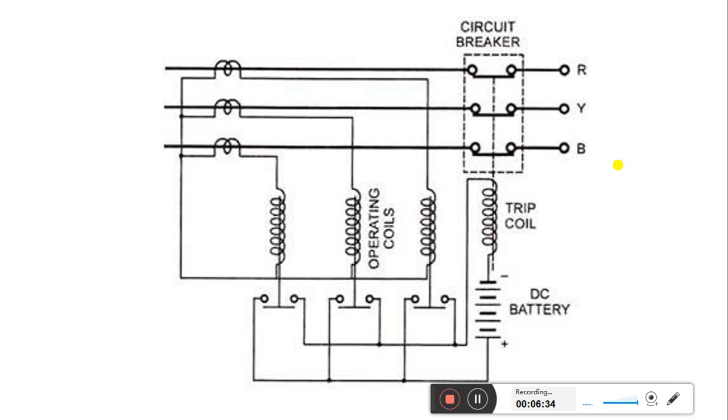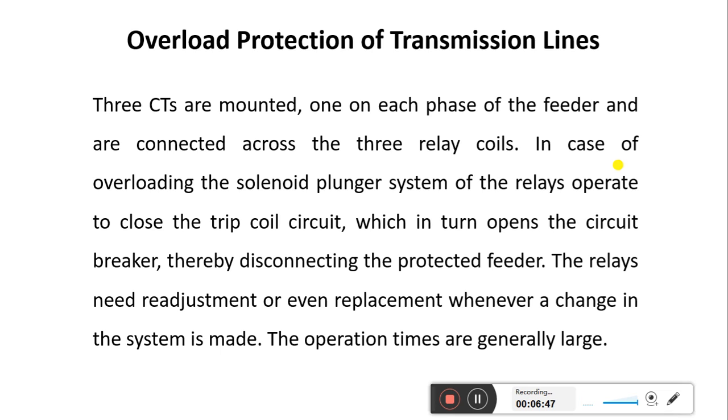A similar protection for the transmission line is also provided, which is called the Translay system. We have discussed this circuit diagram, and let us go back. The same thing is explained here. The three CTs are mounted, one on each phase of the feeder, and are connected across the three relay coils.